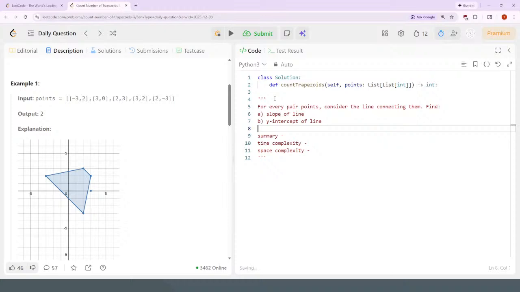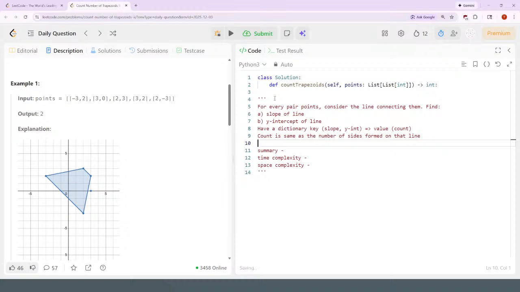And then have some sort of dictionary so that every slope and y-intercept maps to some count, the number of things with that slope and y-intercept, which is the same as the number of sides formed on that line.